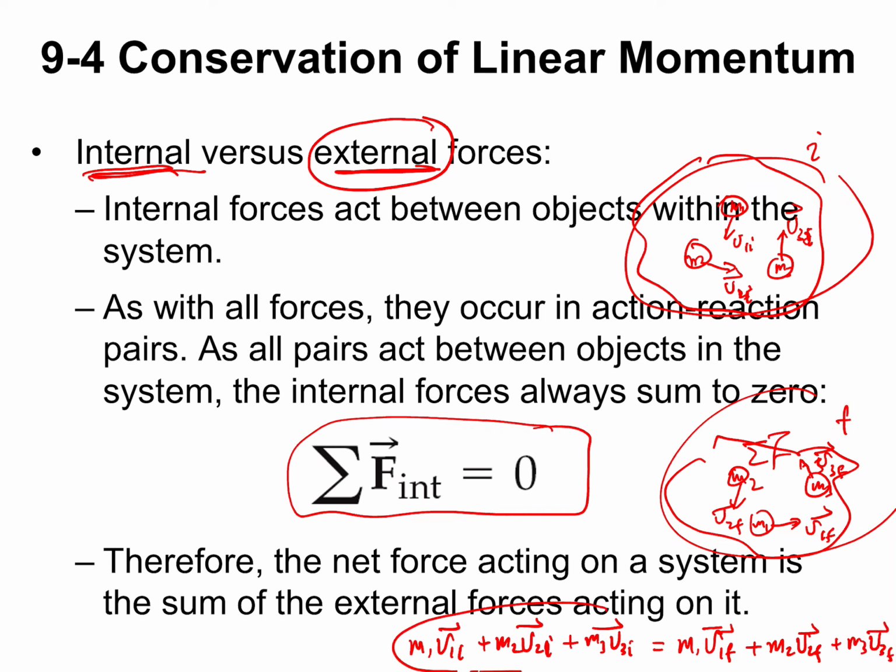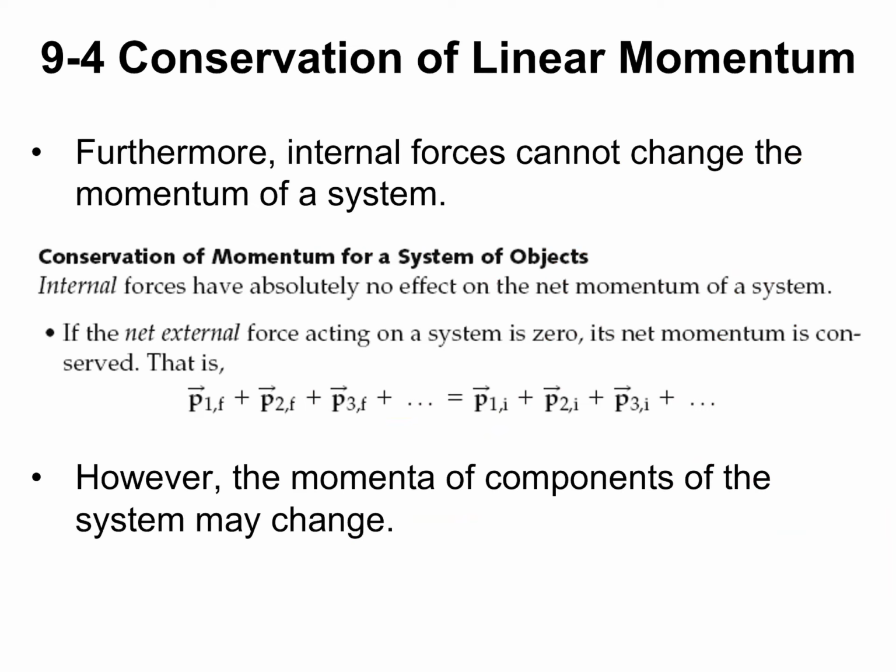So that's the meaning of momentum conservation under one condition: if the net force on this system is 0, and that net force only considers the force from outside, the external force. In that case, momentum is conserved.